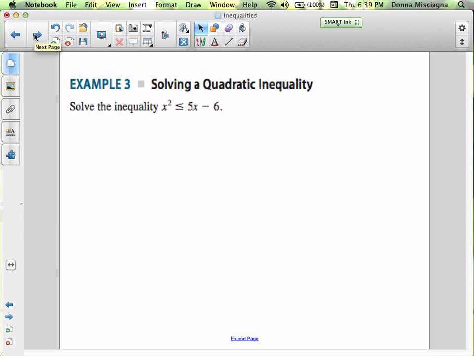So let's solve the inequality x squared is less than 5x minus 6. First of all, let's get everything to one side. So we're going to subtract 5x and add 6 to the left-hand side and the right-hand side. And actually, I'm going to rewrite the question.